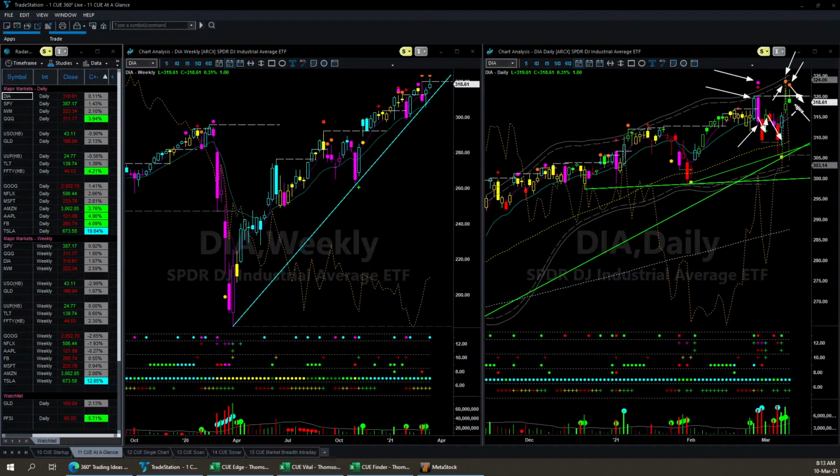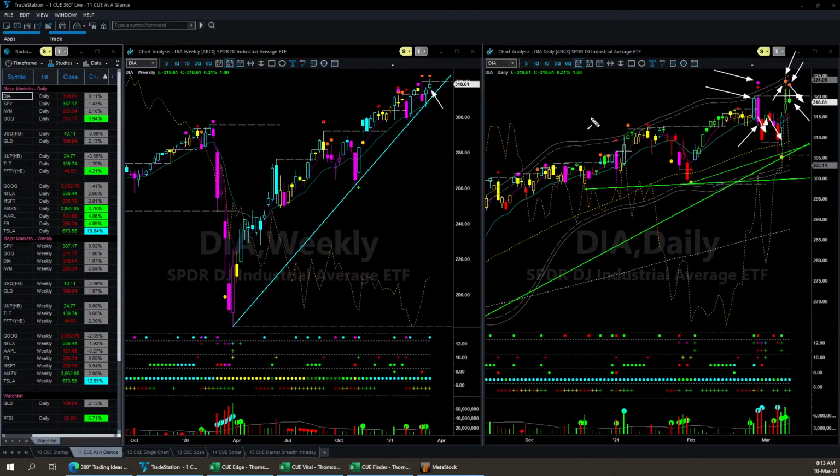Because the traffic light color is green, DIA itself is not giving any box short setup. I'm applying the unambiguous checklist in my mind. Box setup requires a non-green candle in daily, and it also requires a non-cyan candle in weekly.